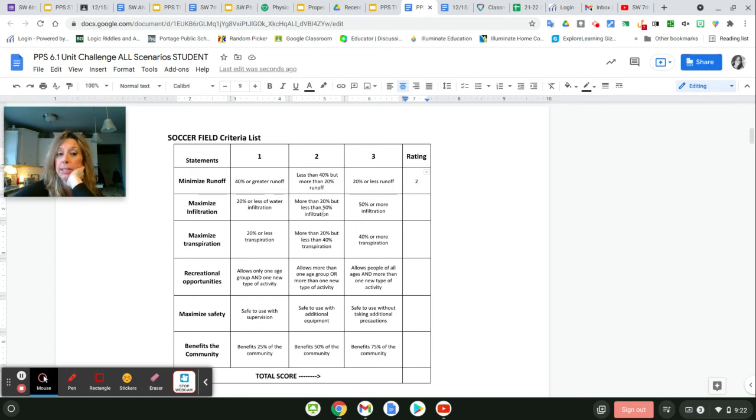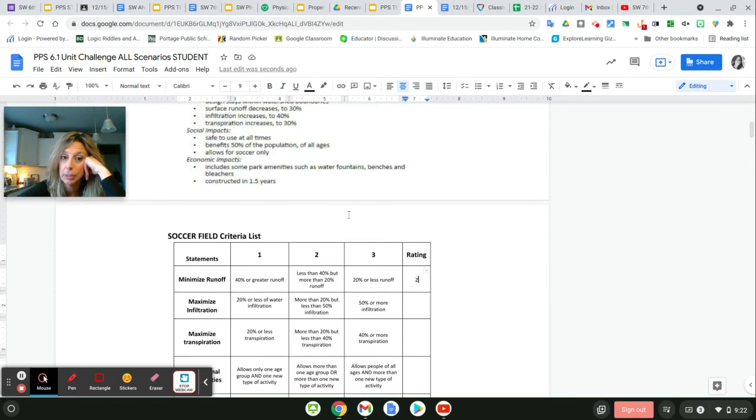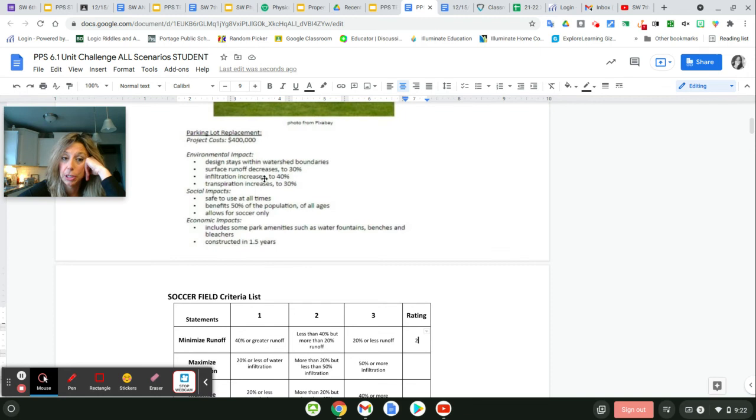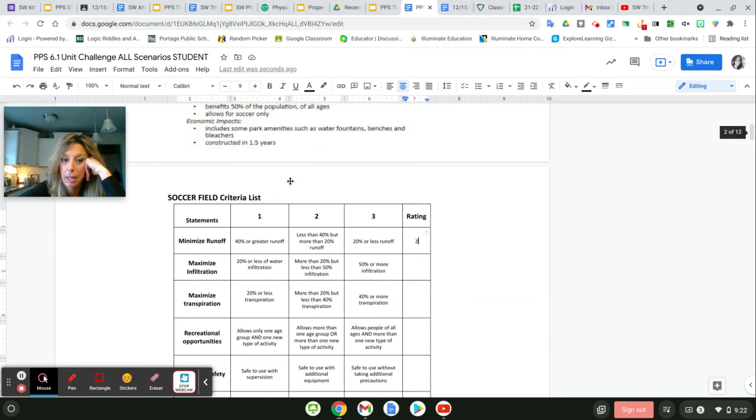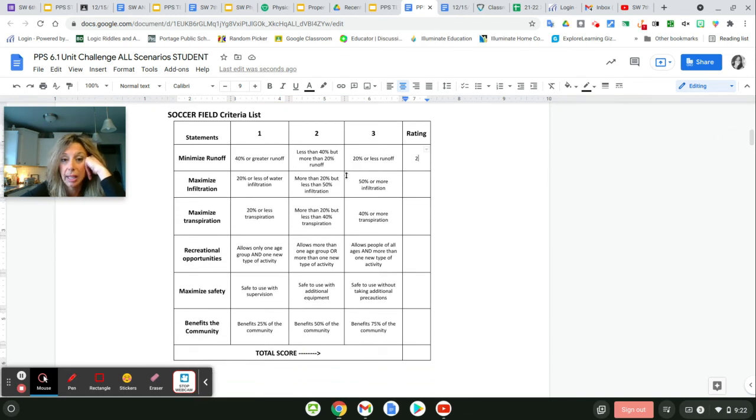More than 20%, but less than 50% of the water infiltrates into the ground. That's a 2. If it's 50% or more of the water going into the ground, that's the best. So that's a 3. Okay, well, this says infiltration increases to 40%. So it's not a 1 and it's not a 3. So it's right in the middle again. So we'll give it a 2.